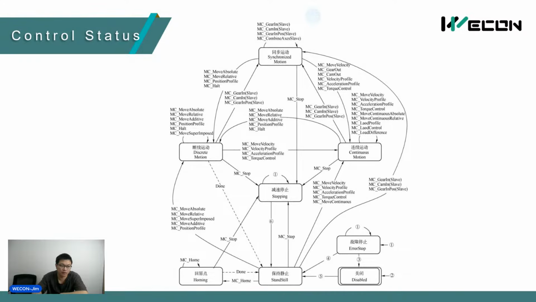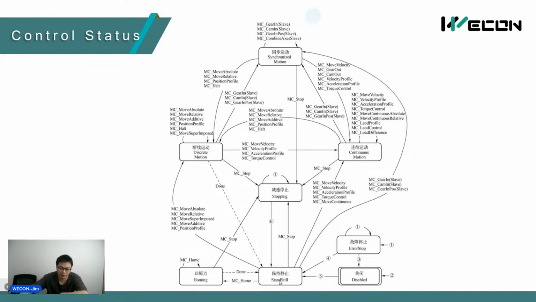This is the control status of our axis. Here we have 8 statuses of the motion axis. After power on, the status should be disabled. After we use, for example, the MC power function to enable our axis, the status will change to standstill.